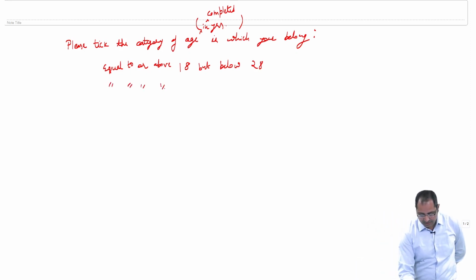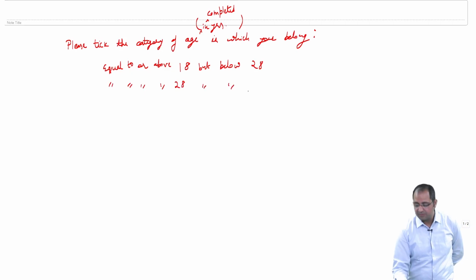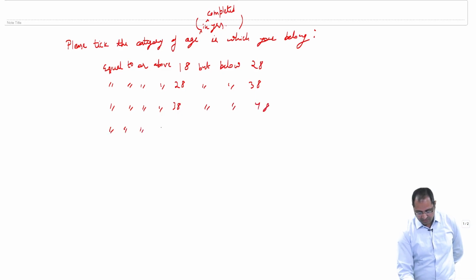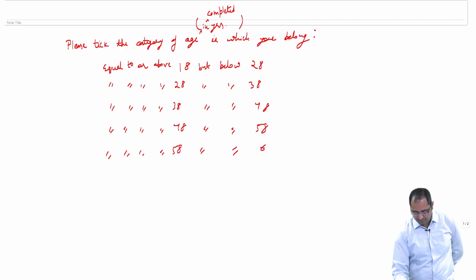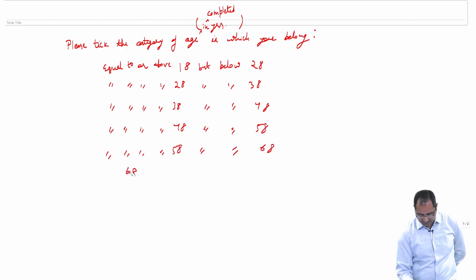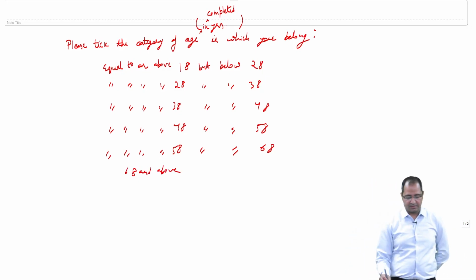Equal to or above 28 but below 38. Equal to or above 38 but below 48. Equal to or above 48 but below 58. Equal to or above 58 but below 68. And 68 and above. This is one way to write, which is correct.